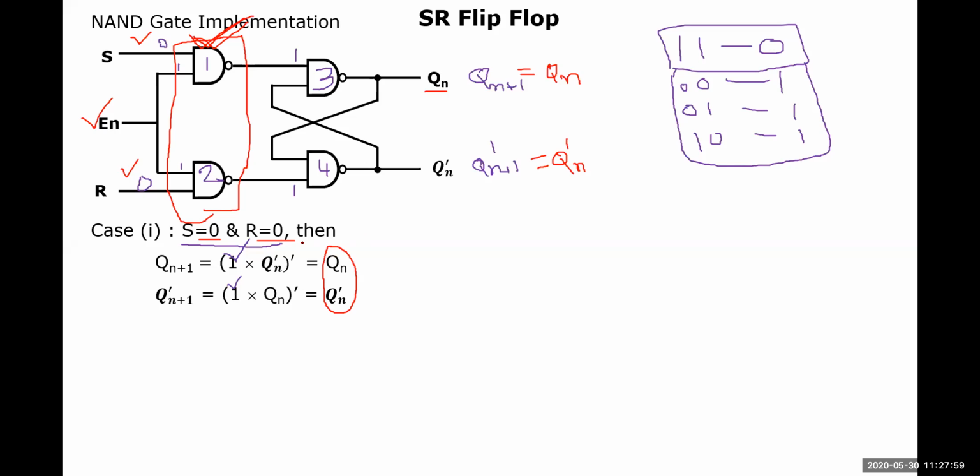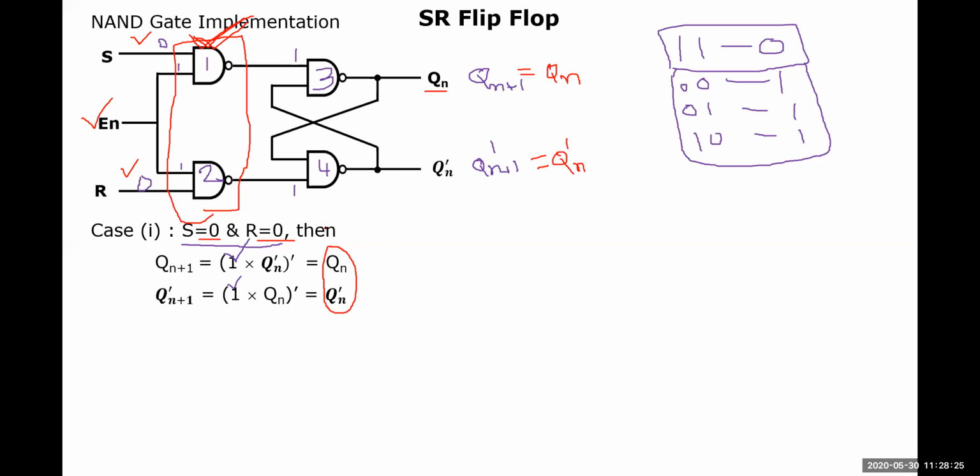In a flip-flop, it is considered no change. S equal to 0, R equal to 0 means the previous outputs will continue, whatever the value of Qn and Q complement, for the next outputs also. That is the information.